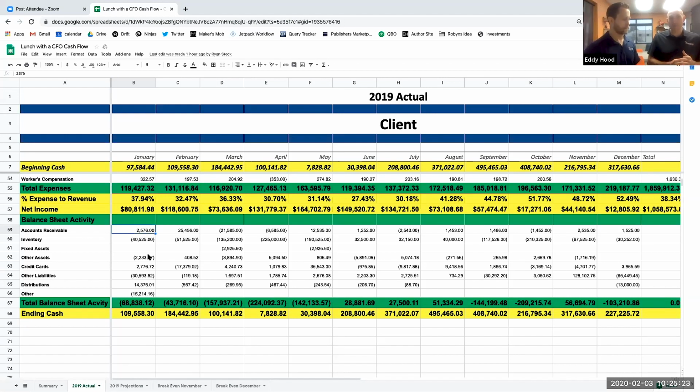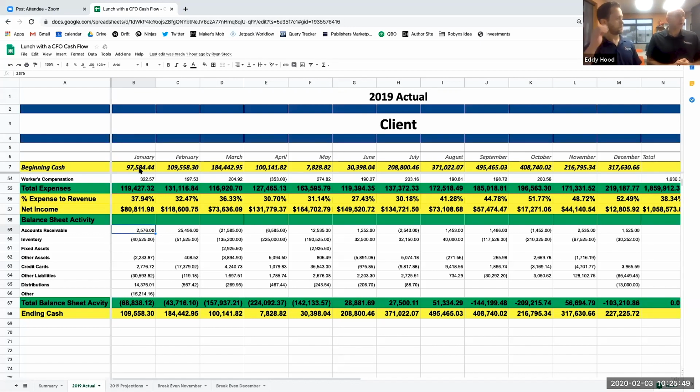For our first example, we are looking at the month of January, saying how has the balance sheet affected our cash in January? The way we do that is we look at what the balance was before. For January's example, we'll look at the December 31st balance and the January 31st balance, and we'll look at the change between those two balances.